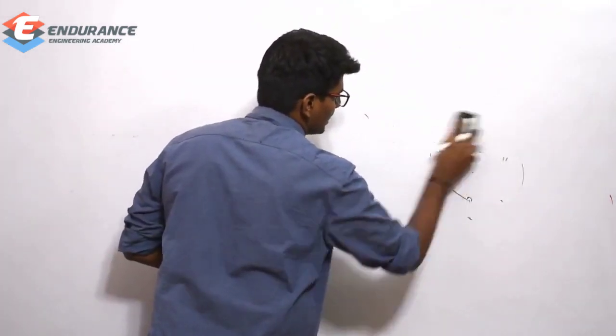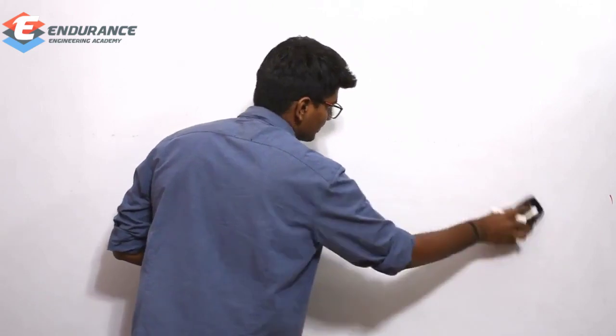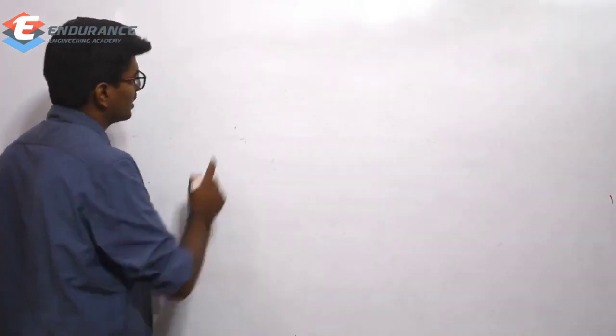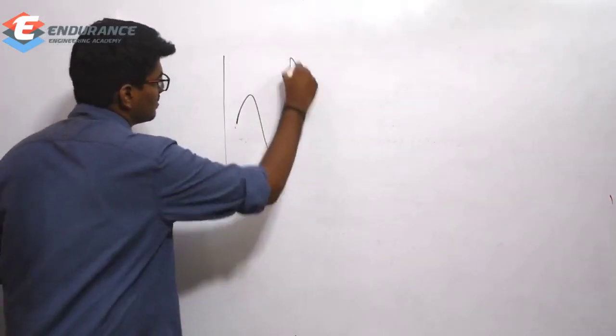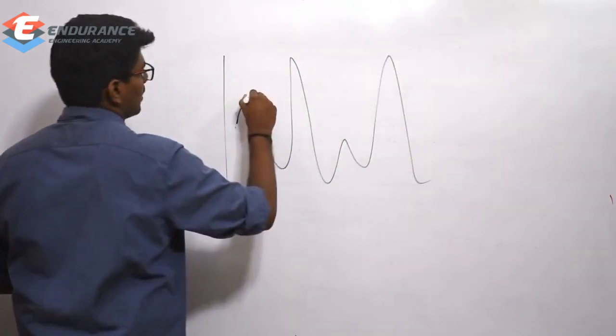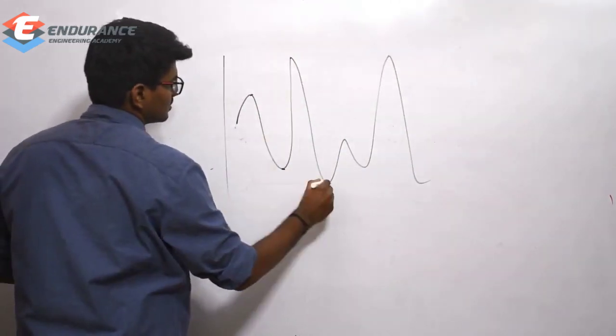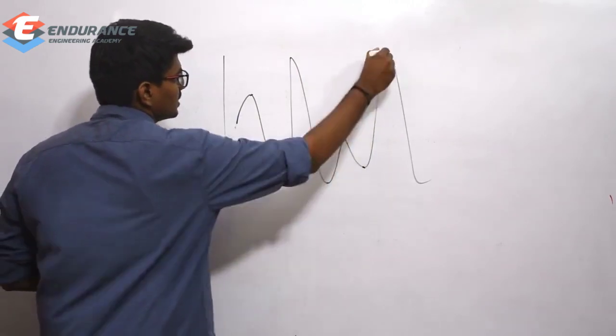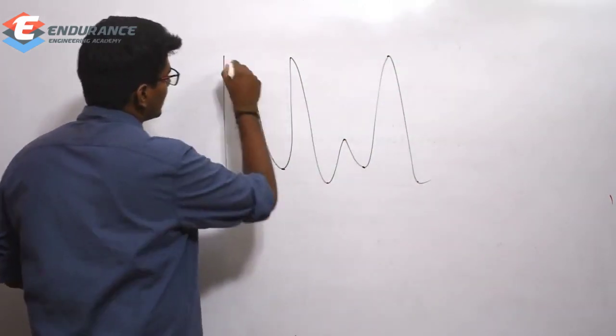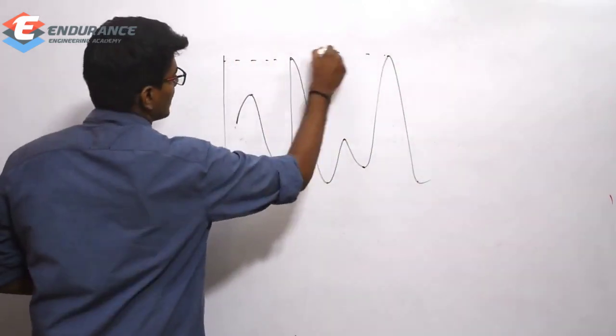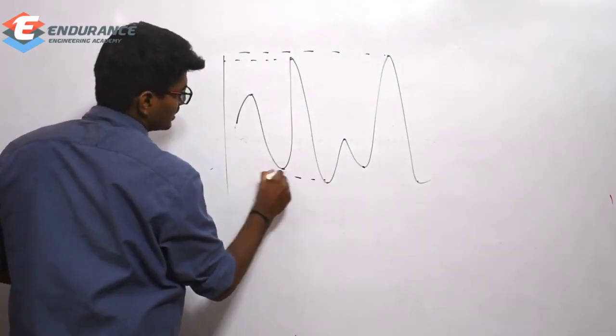Before going into the next concept, there is another important thing I need to say. When I initially said there will be curves like this and all are critical points, right? There is an important thing to be said. This is the maxima of all, and this is the minima of all.